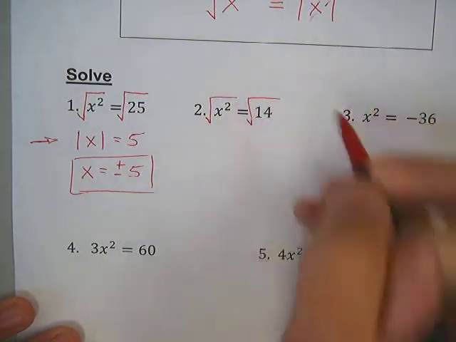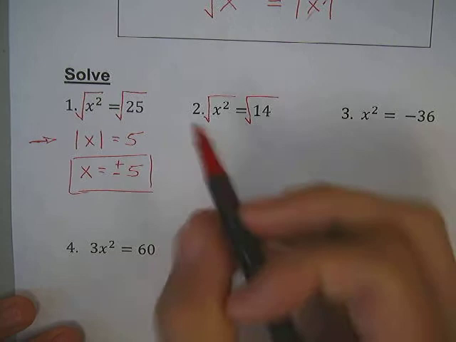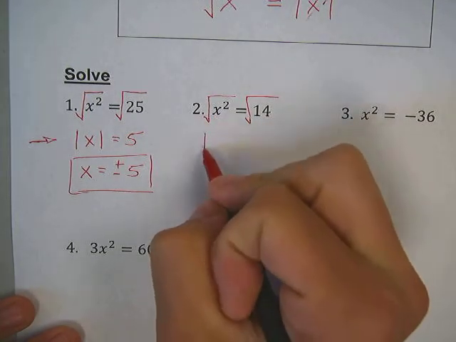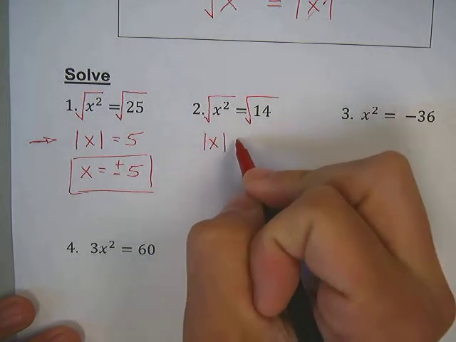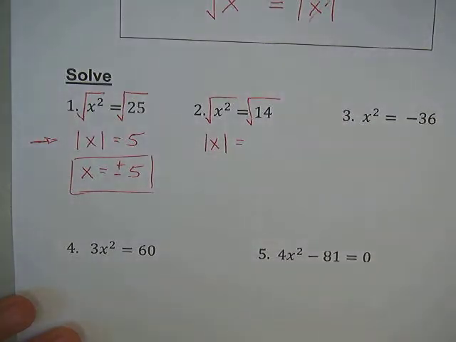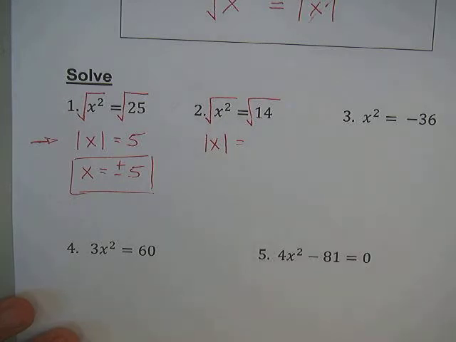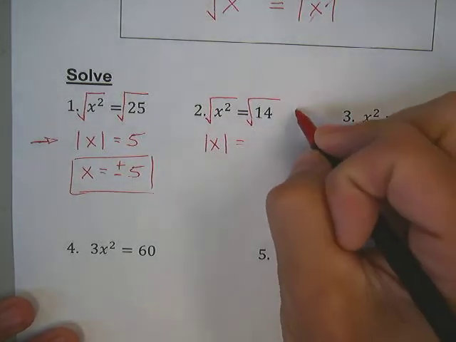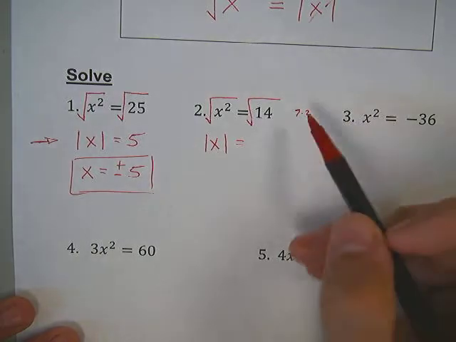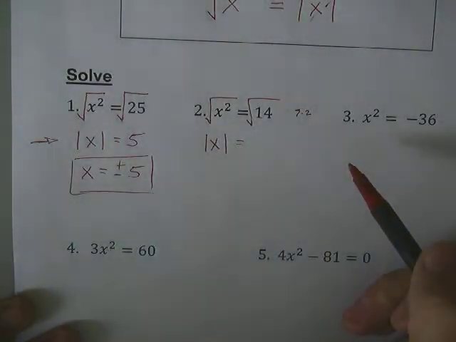So x squared equals 14. Very simply, I'm going to square root both sides. Okay, the square root of x squared is equal to the absolute value of x. Now, square root of 14, we don't know what the square root of 14 is, but can you break down 14? Yeah, you could, which would be 7 and 2.